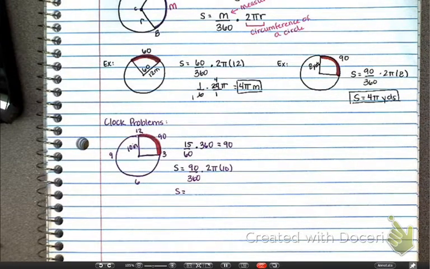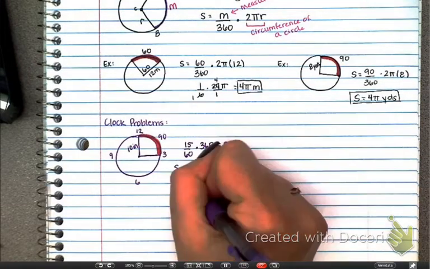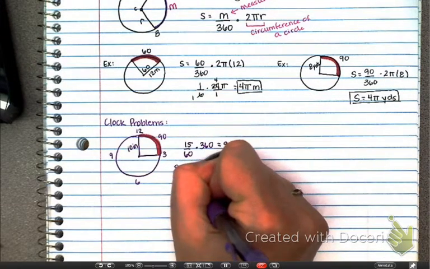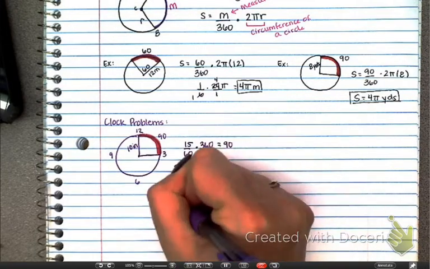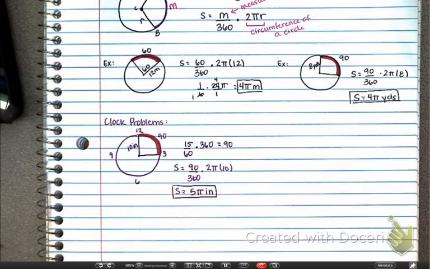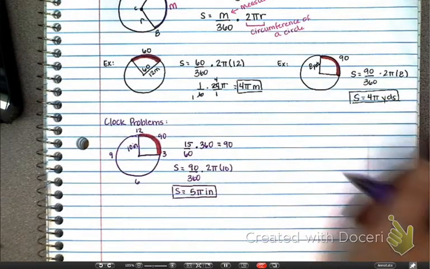What did you get when you plugged it into your calculator? 5? So it's 5 pi inches. Did we all get 5? No? Yes? Okay. I'm going to give you one more clock problem that I want you to try.